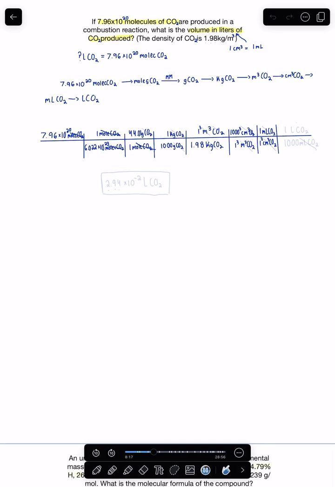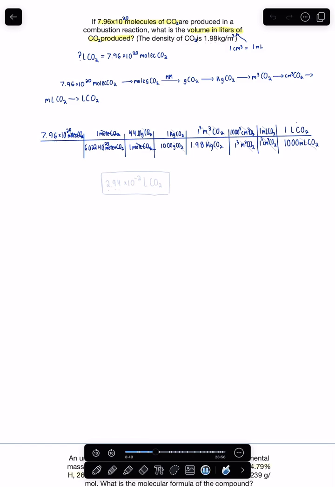To bring it into milliliters. And we also know that in 1,000 milliliters, there is 1 whole liter. So I'm going to go ahead and quickly calculate this out.